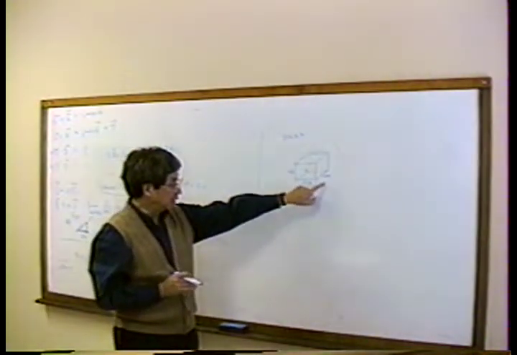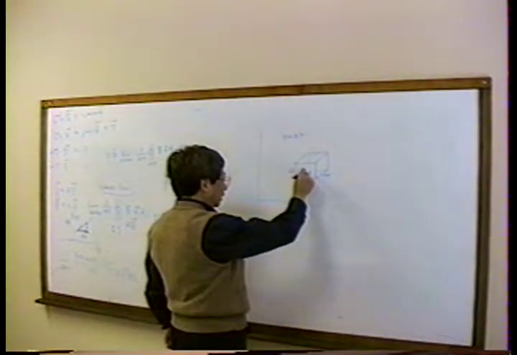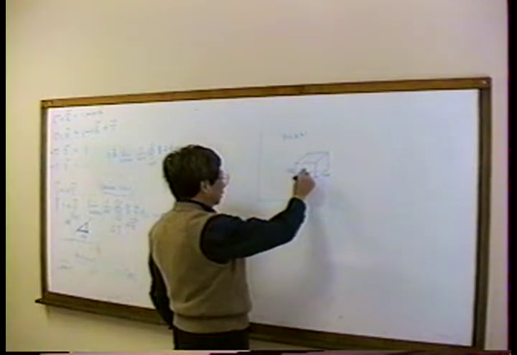The three sides are delta X, delta Y, delta Z. This point here is XYZ.